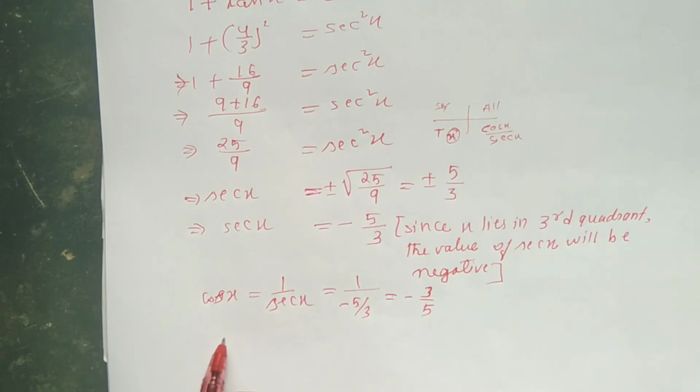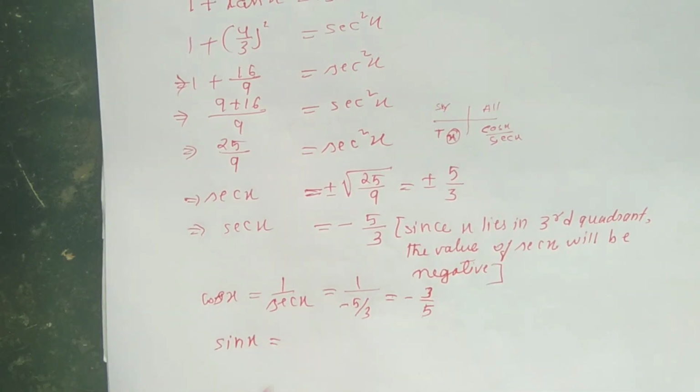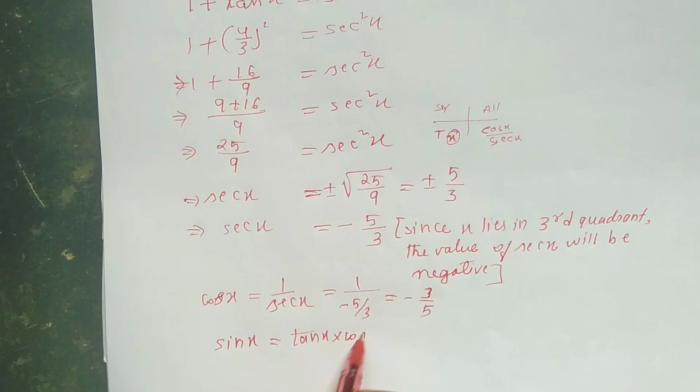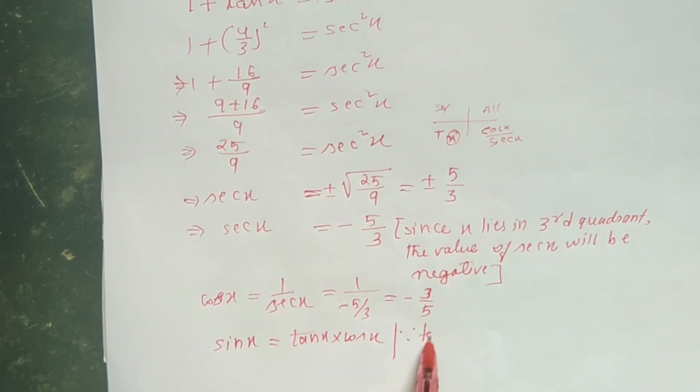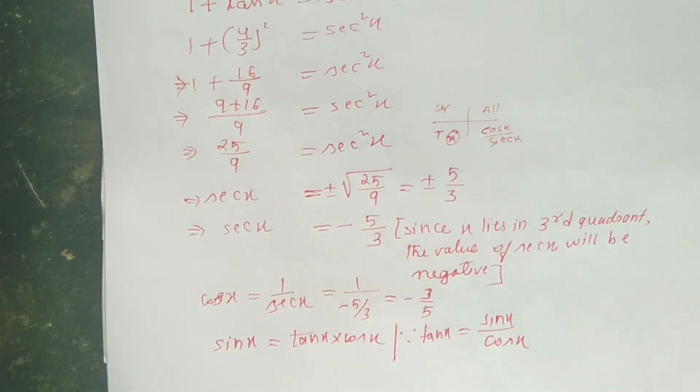Next, we have to find out the value of sin x. We can write sin x equals tan x into cos x. How did it happen? Since we know tan x equals sin x by cos x, from this relation we can write sin x equals tan x into cos x.